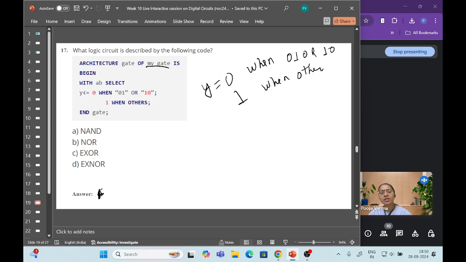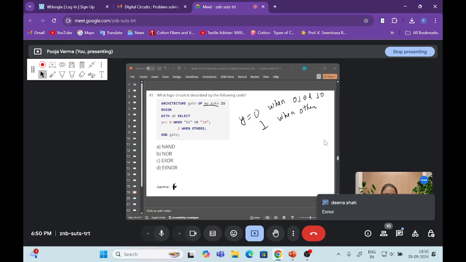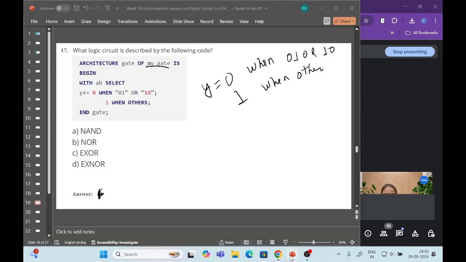Which gate can it be? Option A is NAND gate, option B is NOR gate, option C is XOR gate, or option D is XNOR gate. It is an XNOR gate, because we can check option by option.